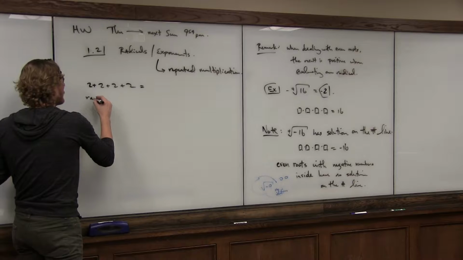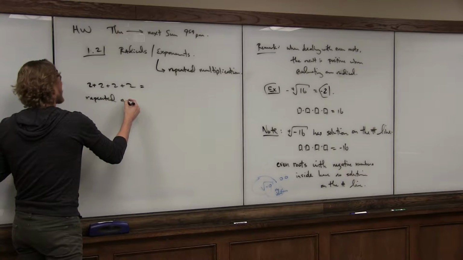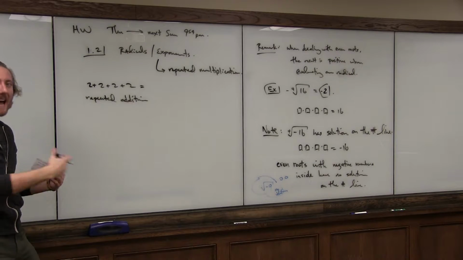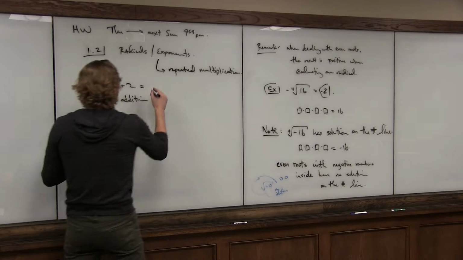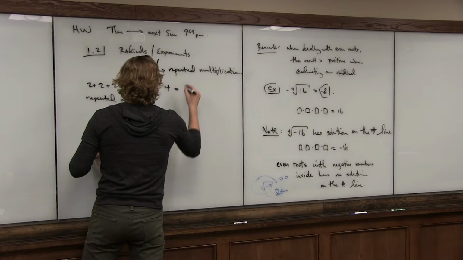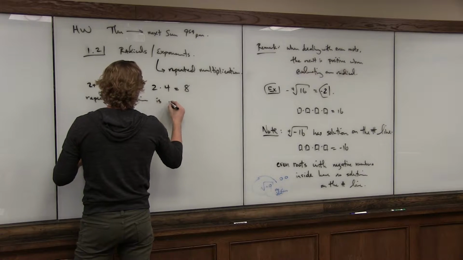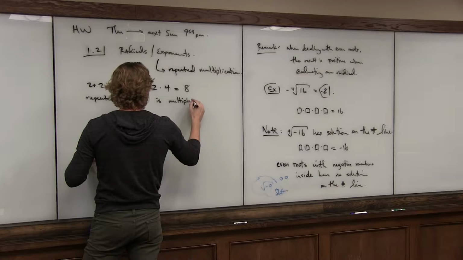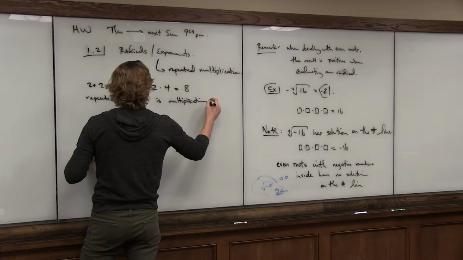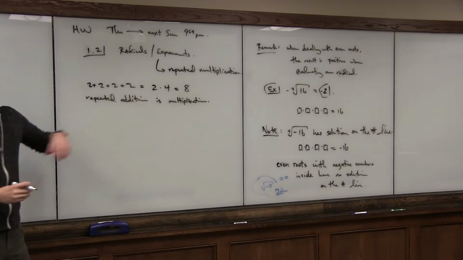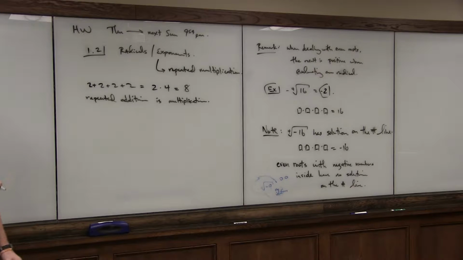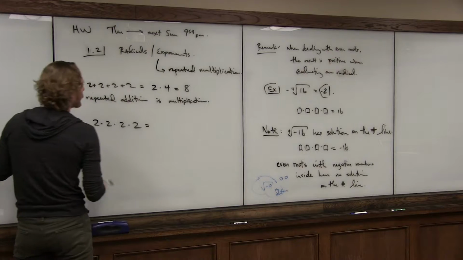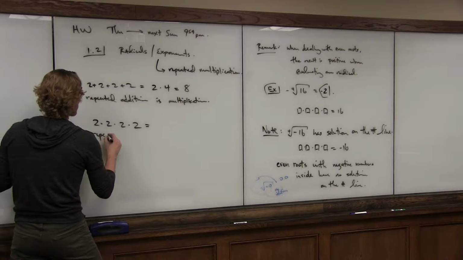Repeated addition is what I could call this, because we're taking 2 and just adding it repeatedly. That could be expressed as multiplication. Repeated addition is multiplication.